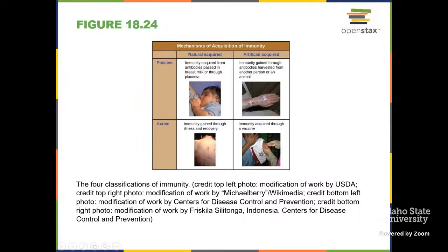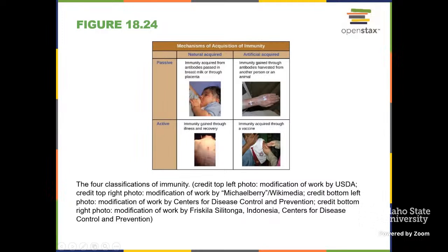So the active mechanisms naturally acquired would be getting sick, whatever it is, and recovering. That should give some naturally acquired active immunity. We've seen it, we've dealt with it, we've produced antibodies and some memory cells. Whether or not that type of active immunity is lifelong or not is hard to say, all right?